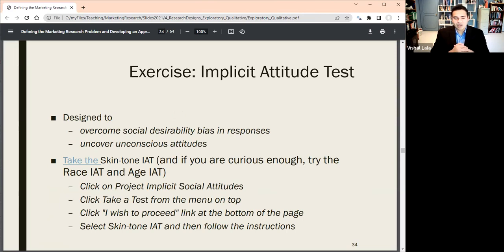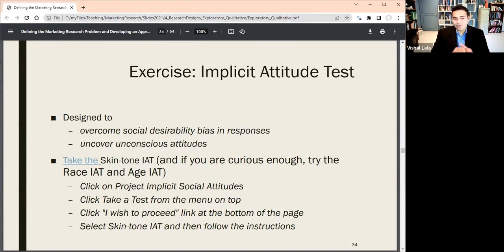Here's a little exercise to try out to truly experience how association tasks work. Harvard's psychology department has constructed these IAT instruments. This stands for Implicit Attitude Test assessments. So you can go in there and take a skin tone IAT or any other IAT. If you're curious, go on and try the other IATs like race IAT, age IAT, and so on.